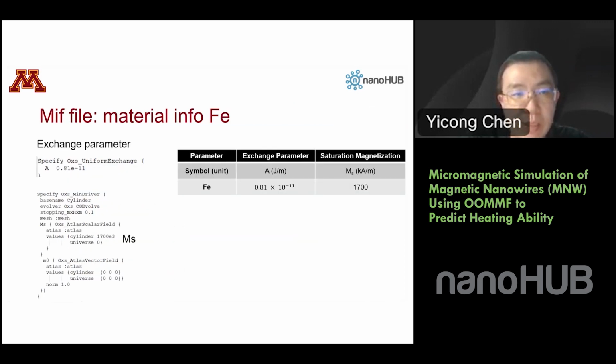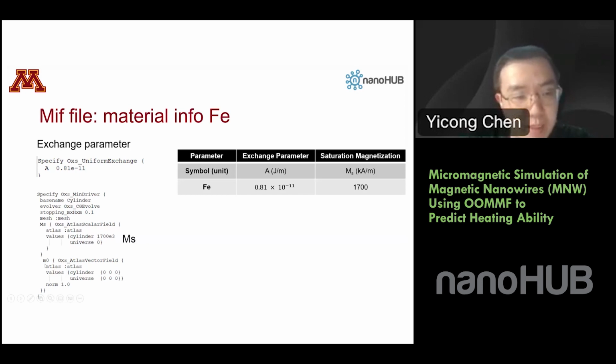And then the next one is the parameters you need to specify for a material. Take iron as an example. You can simply enter the numbers here for the exchange parameter, and then MS. But pay attention to MS. Since we have different regions, like the cylinder and the other universe with no material, we have to specify different values for those two.